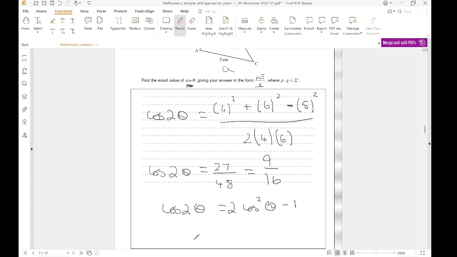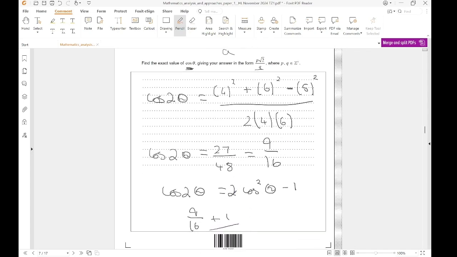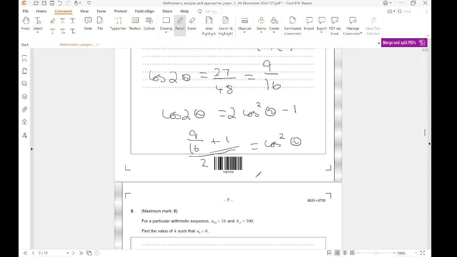Cosine 2 theta is 9 over 16, plus 1, divided by 2 is equal to cosine squared theta. Expanding this, it becomes 9 over 16 plus 16 over 16, which becomes 25 over 16, over 2, is equal to cosine squared theta.